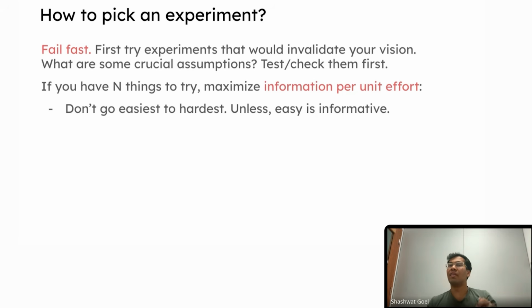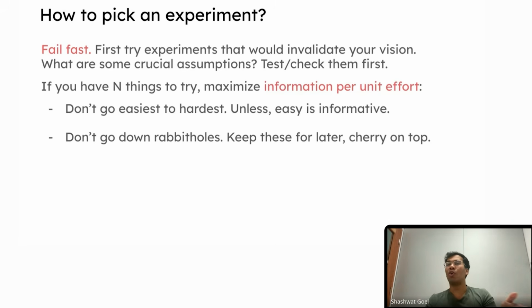And it might even be something that just reinforces your beliefs. We have this bias towards looking at evidence that reinforces our beliefs rather than invalidates our beliefs. So don't go from easiest to hardest. And again, don't go down rabbit holes, because you will keep getting interesting ideas as you do research.